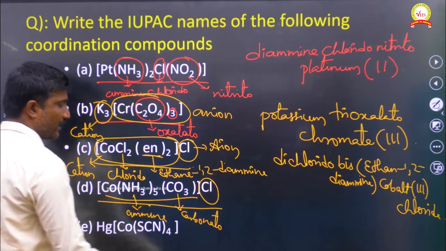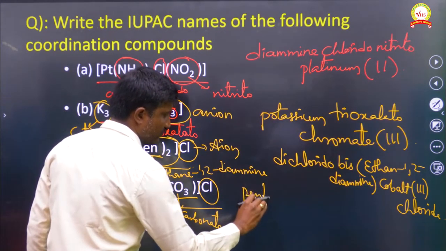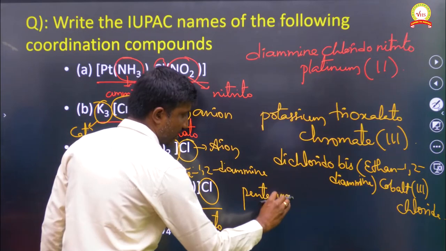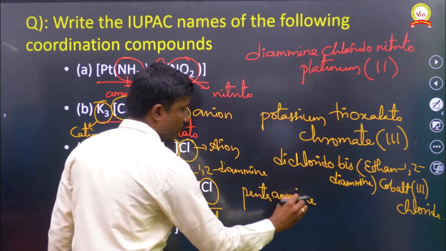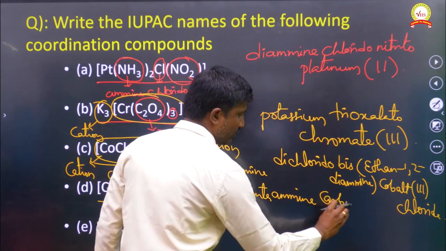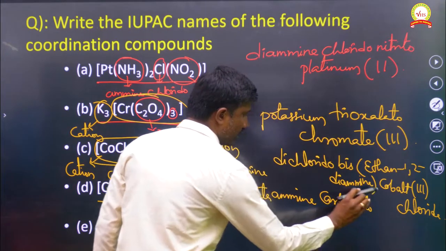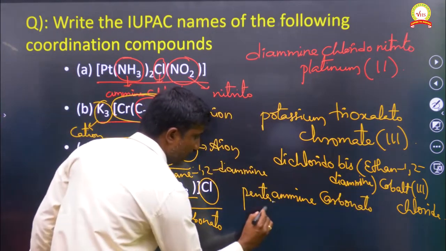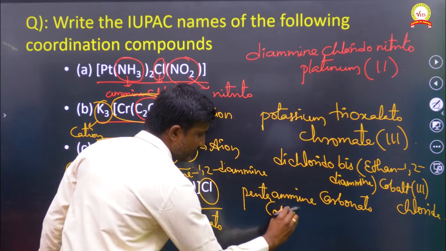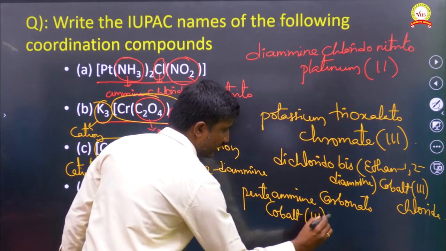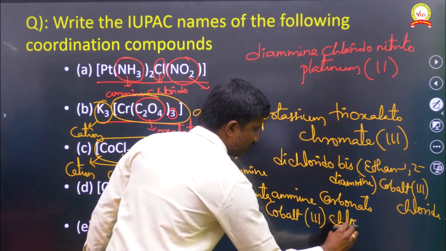So pentaammine carbonate cobalt, oxidation state is 3, and counter ion chloride.